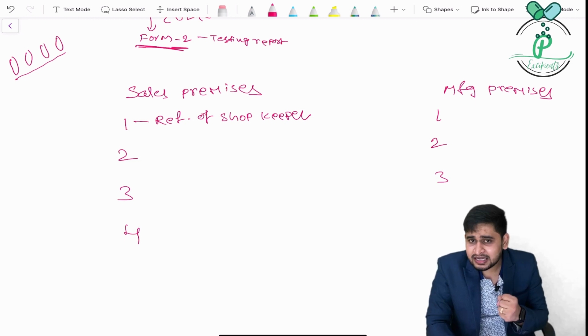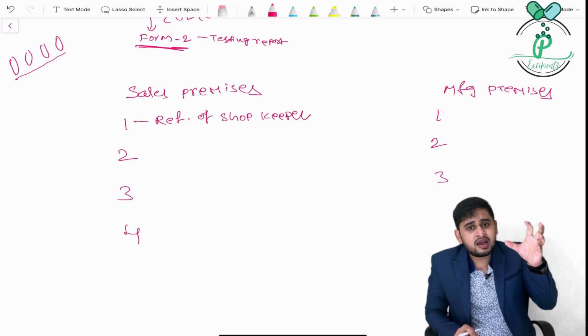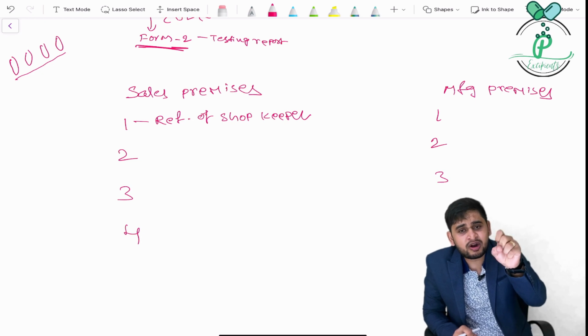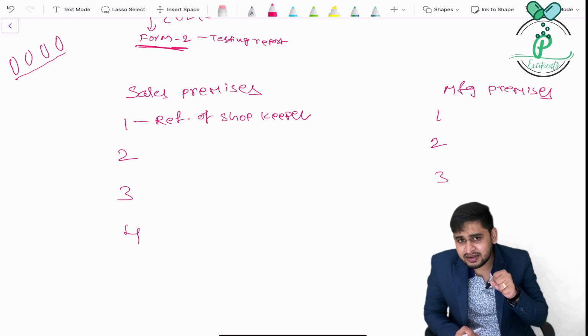Tablets we may draw, syrups we may draw, insulins, ointments, and cosmetic items.